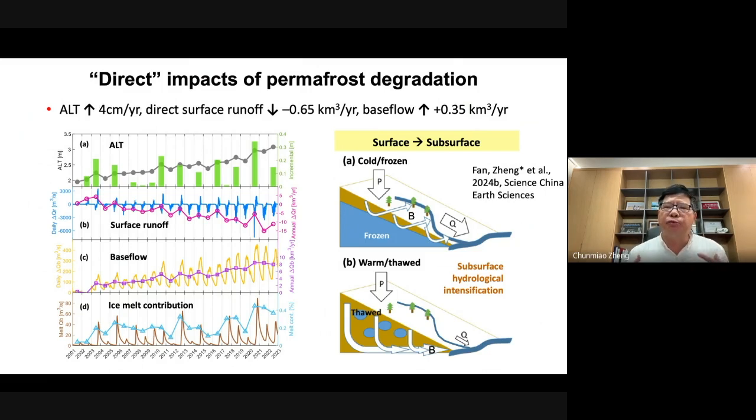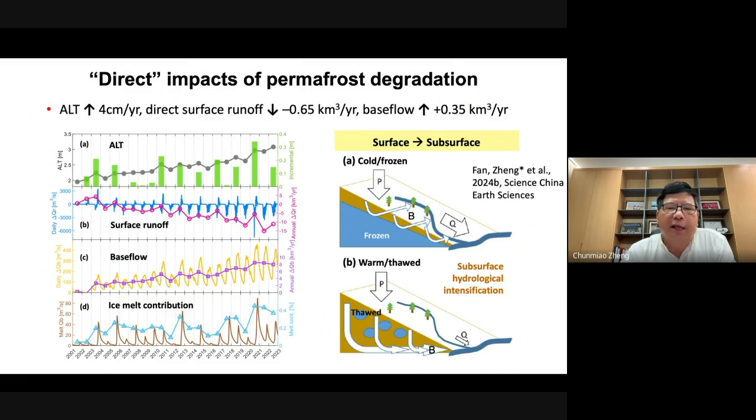But the stream flow will increase, because permafrost thawing will directly lead to a base flow discharge to streams. So those numbers are quite important threshold values for the groundwater dynamics in this region. They have a major implication for water management in the future.